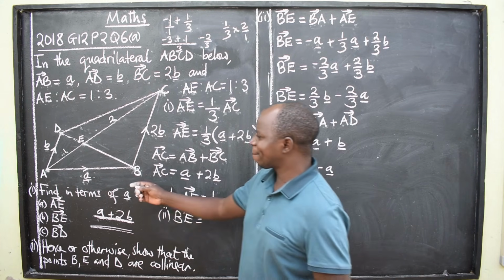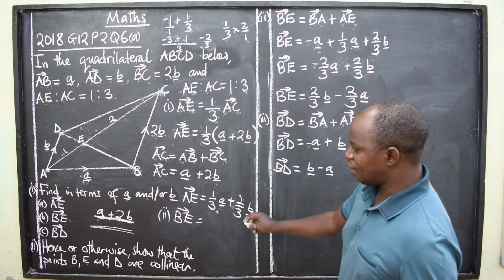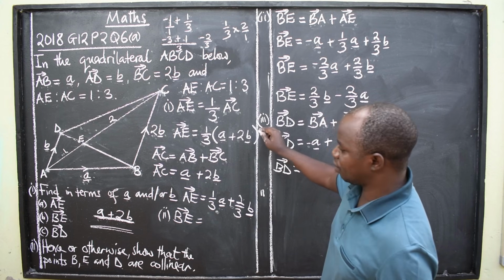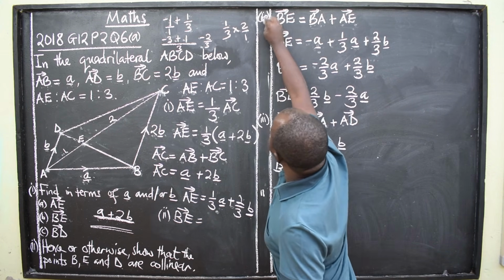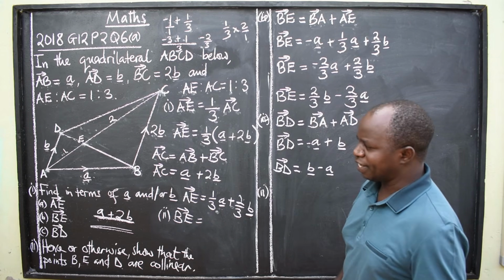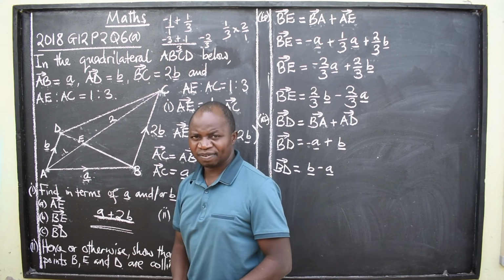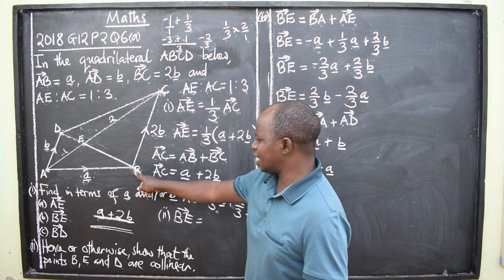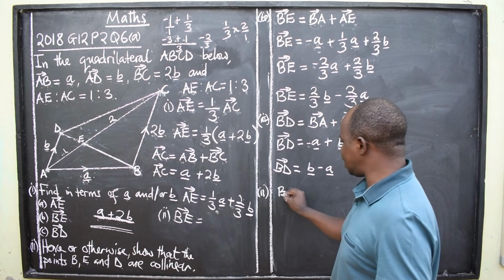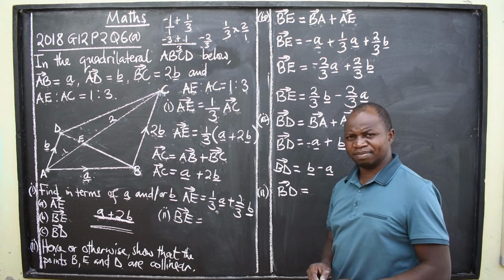So we are on the last part. This was supposed to be B, this was C. For us to show that the 3 points are collinear, vector BD should be equal to, are you getting me?